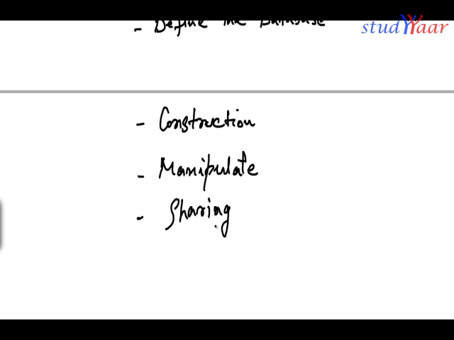The next function is it helps in sharing of data. We already talked about how it helps me in asking questions and gathering information. But despite this help, if I'm able to use this database only one person at a time, then it's really a constraint, right?